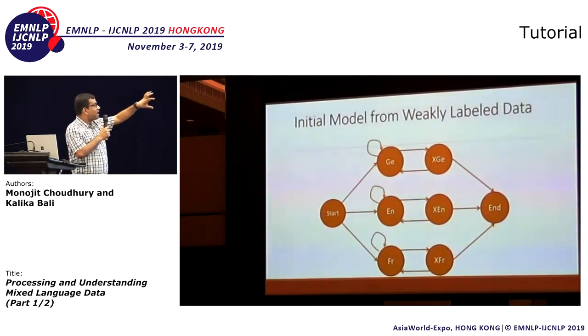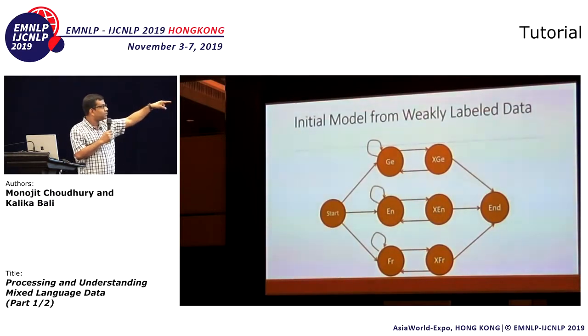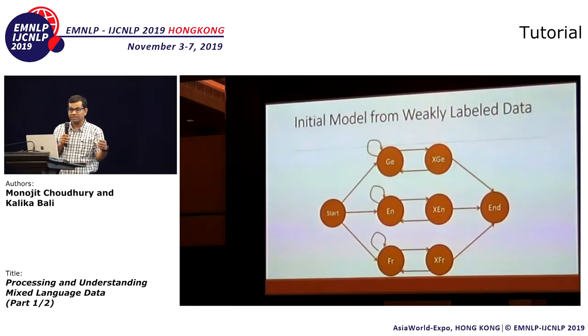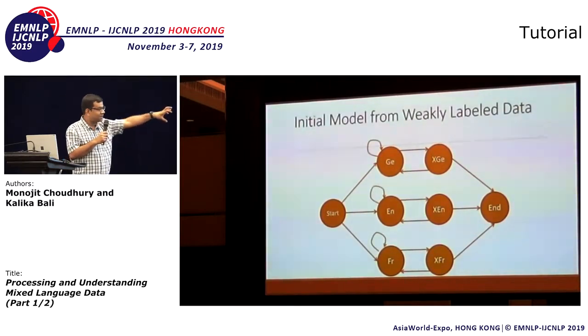Now, consider the English one. In a monolingual tweet, an English word can follow an English word, which is the self loop. Then XEN stands for extra linguistic information, like punctuation and other tags like hashtags, and those kinds of things are in the second state.